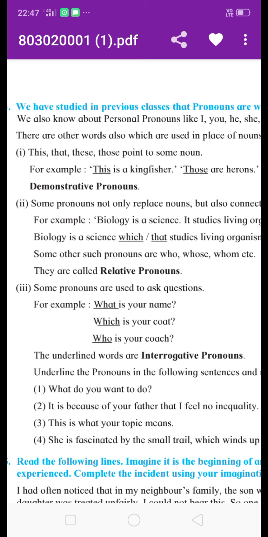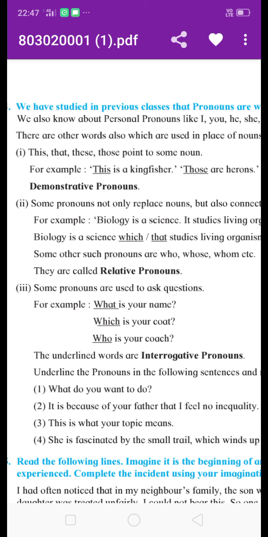We ourselves: immediately after the personal pronoun it is used, which means an emphatic pronoun is used there. Or for example, the teacher herself was puzzled about this matter. Herself is used for the teacher, giving the stress on the teacher.